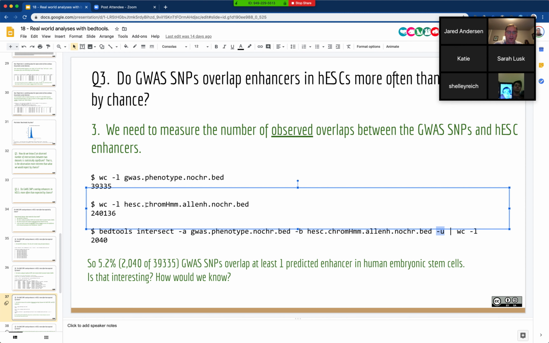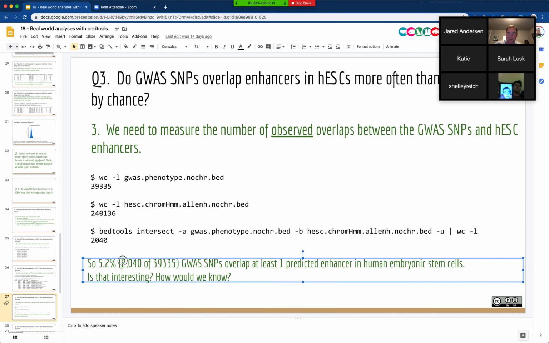If they overlap multiple enhancers, we just want to count that overlap once rather than having it report each SNP multiple times, because we're basically just trying to get the fraction of GWAS SNPs that actually overlap enhancers. So in this case, 2,040 out of the 39,335 SNPs overlap at least one predicted enhancer. So 5.2%.